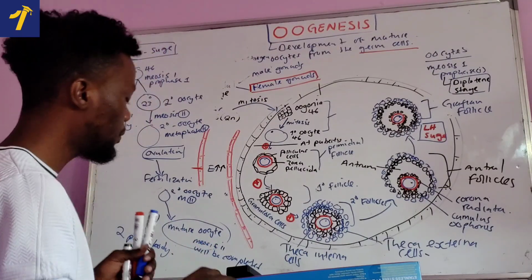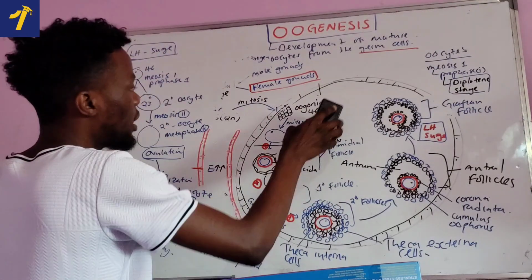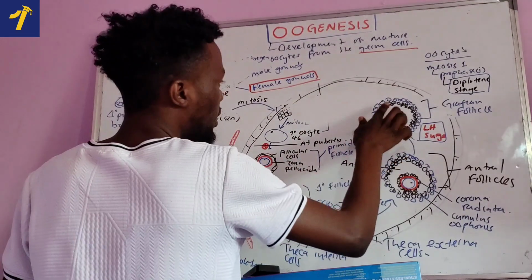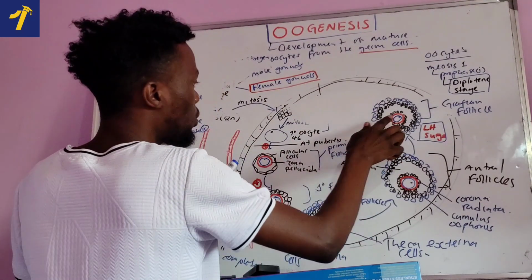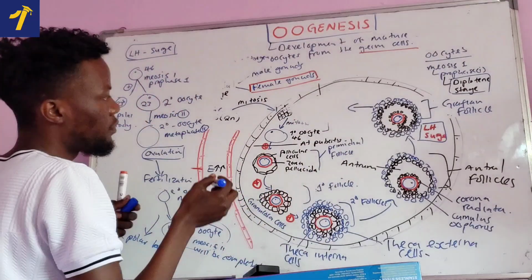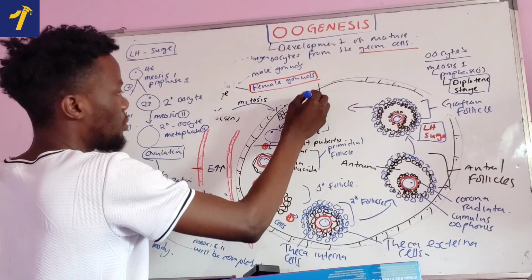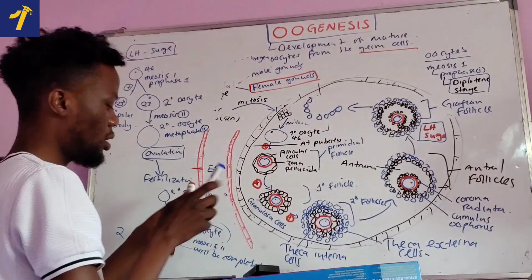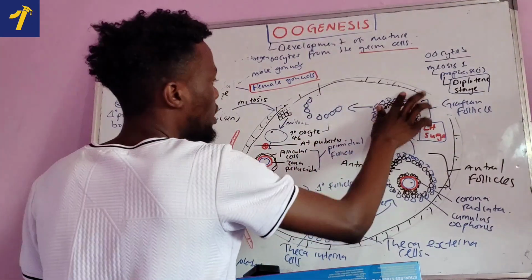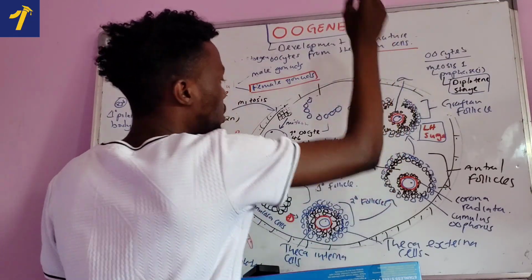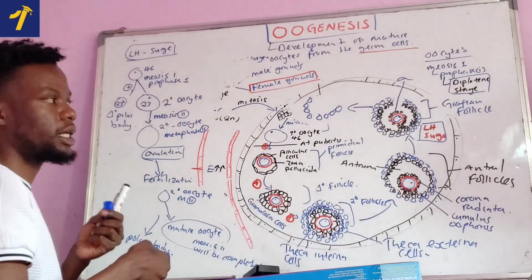Now, the other thing that we need to talk about is that, remember that ovulation has happened. So what we are going to have is this type of cell. If ovulation has happened, it means that this oocyte has gone into the oviduct, so that this process can happen.